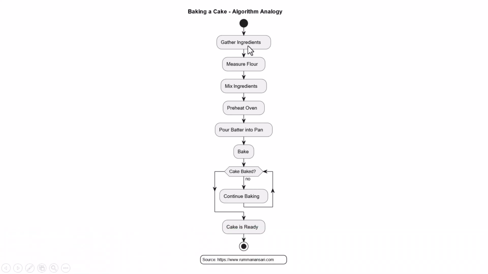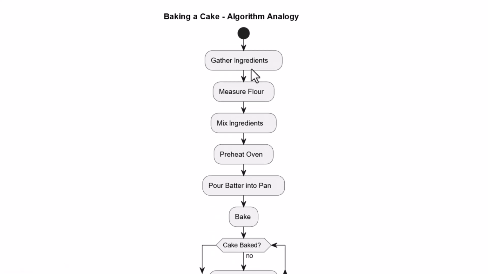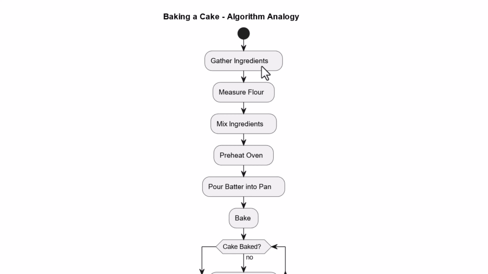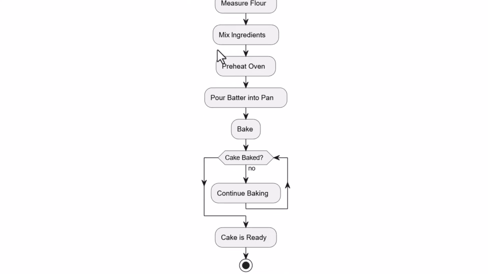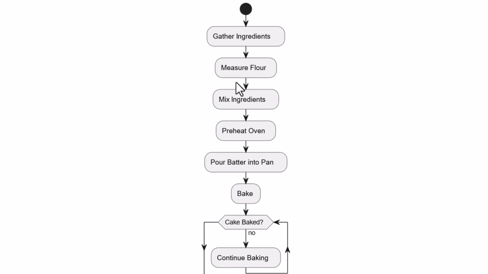In this example you can see the input ingredients like flour, sugar, eggs, etc. The output will be the cake that will be ready, and the steps or procedure are the recipe's instructions which must be followed in a particular order to get the desired result, that is the cake. Also let's discuss finiteness.